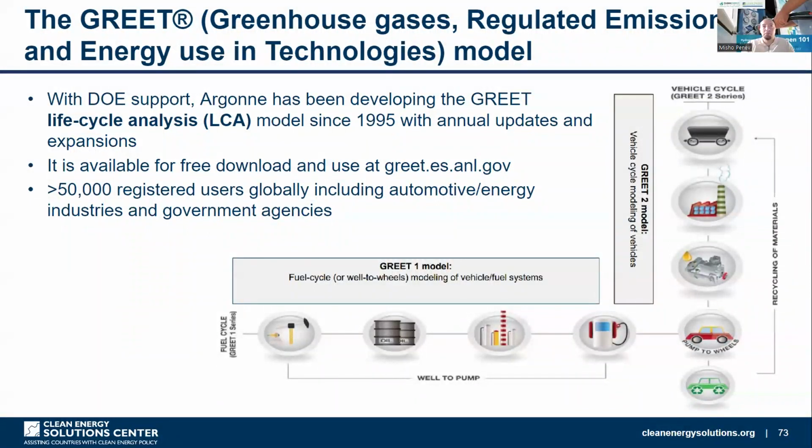The model has been around since 1995. It keeps track of other things like steel production, if you want to see what is the default energy intensity and emissions intensity for steel production or for cement. It has a lot of different pathways, but the one we're going to talk about is hydrogen.